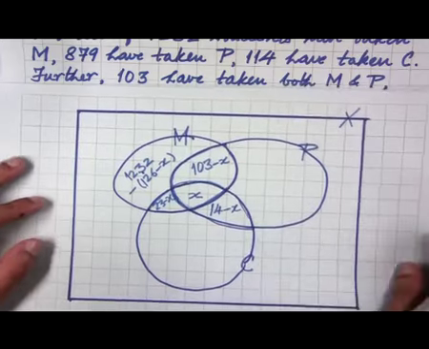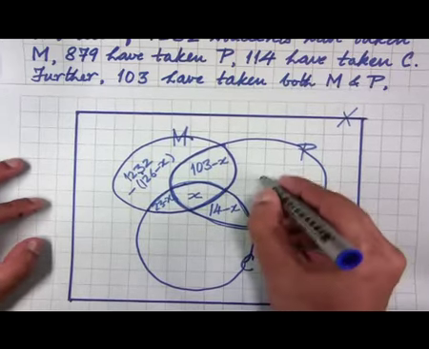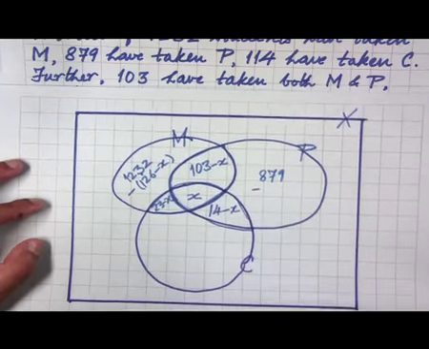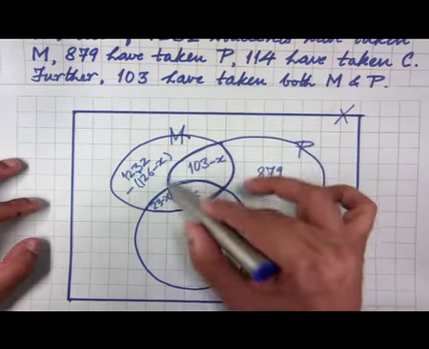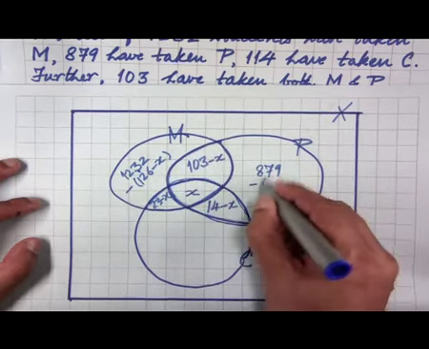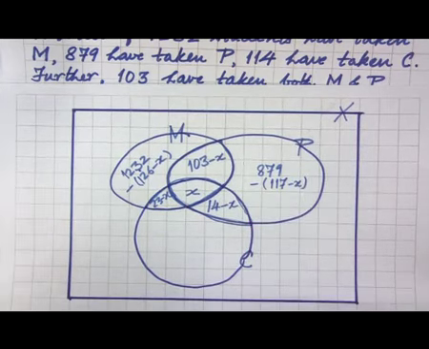What about the physics? There's 879 who've taken physics. So I'm going to write 879 here. And I'm going to subtract. Much the same way as before, these 3 regions here add up to 117 minus x. And whatever 879 minus 117 minus x is, goes into that little slot there.